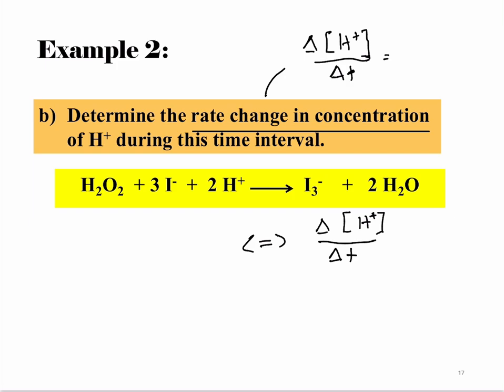How are the concentration rates of formation and depletion or decomposition related to each other? It's kind of like they're all related to one thing, and then that's how they're related to each other. What are the rates of concentration change in water, I3 minus, and 3I minus here? It's all related to.